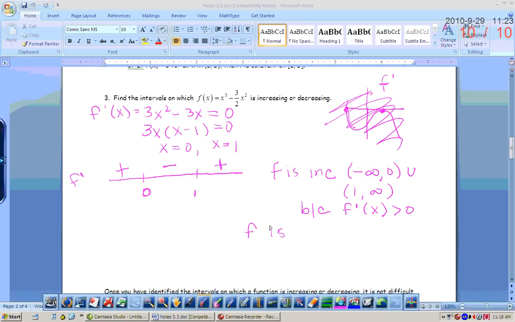No, because if it's equal to 0, then it's constant, and if f prime is equal to 0, the function is neither increasing nor decreasing. And that's why I'm using parentheses here, is that I'm only increasing from negative infinity up until 0, but not at 0. It's a little bit of a technicality there. Try not to worry about that.